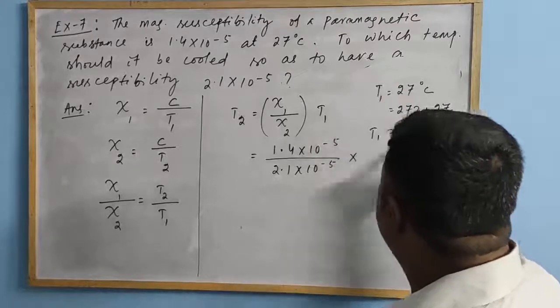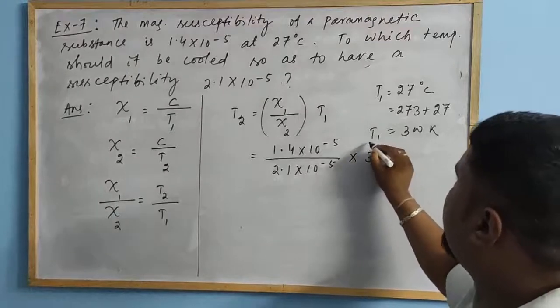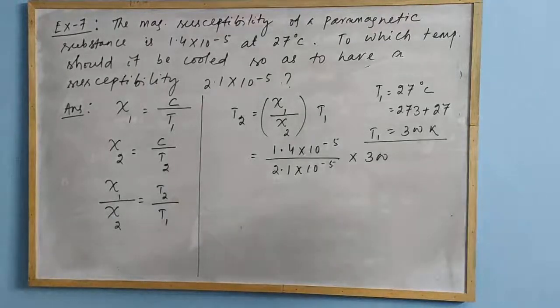That T1 should be 300 Kelvin. So I will put this as 300. Clear? T1 is 300 in Kelvin.